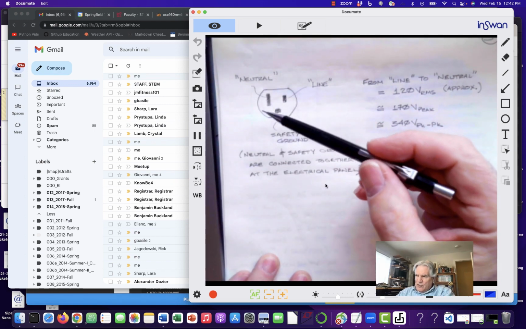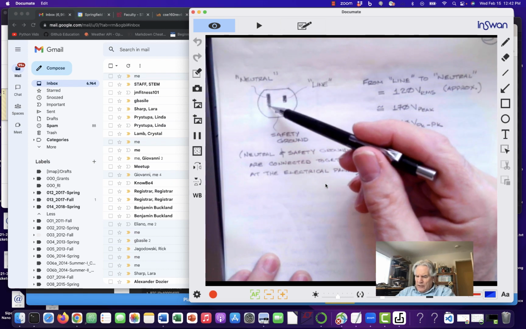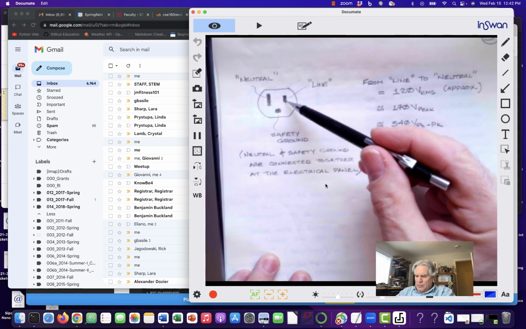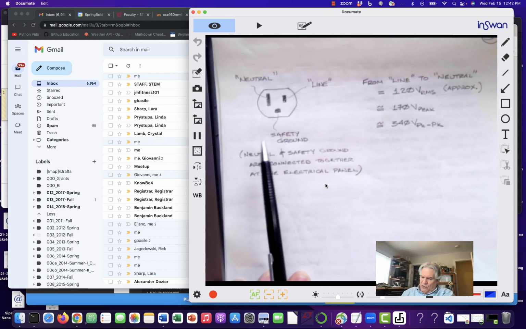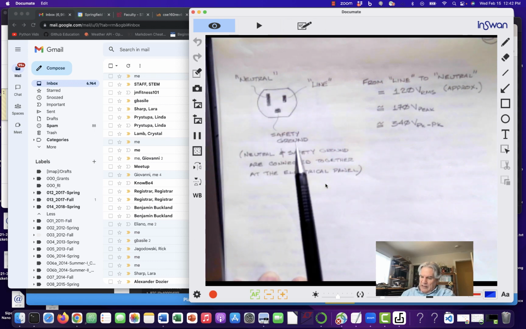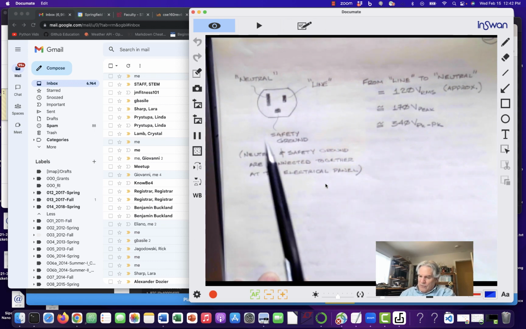This larger bar is your neutral wire. This shorter bar is your line wire, and the safety ground just travels along with your wires, and it's bonded to the neutral back at your electrical service panel.